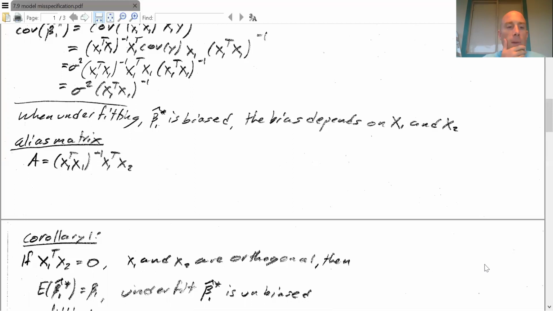All right, well, a corollary of this, if this is what's really driving that bias in there, if I know that x1 transpose x2 is equal to the 0 matrix, then the bias is gone. So if I'm in a situation where I have two sets of predictor variables that are orthogonal to each other, then leaving one out is not going to make the coefficients biased on the other ones. This is nice.